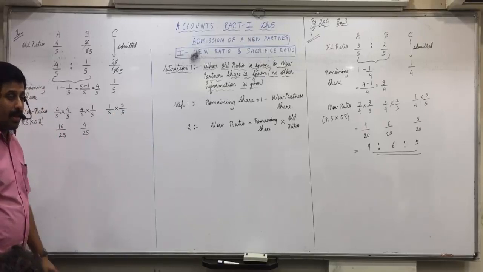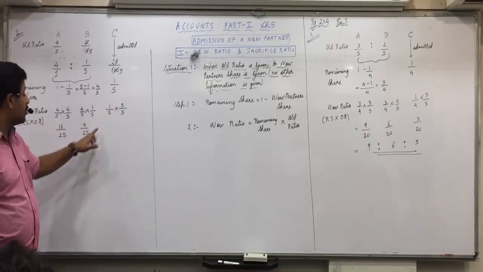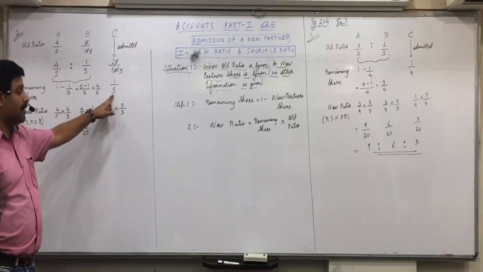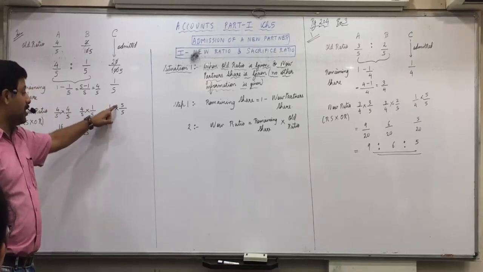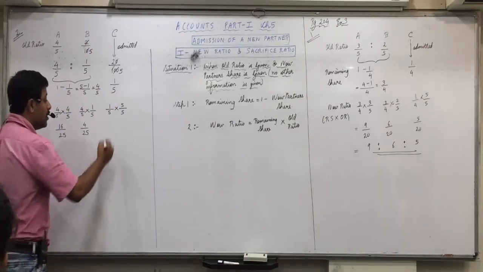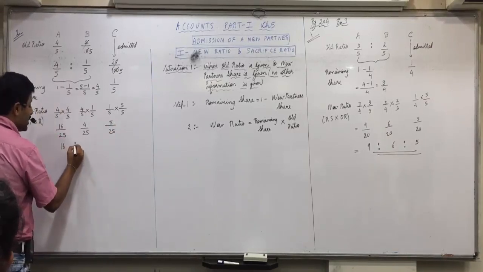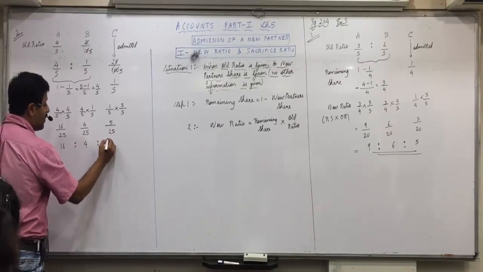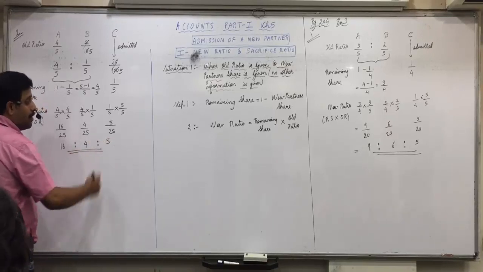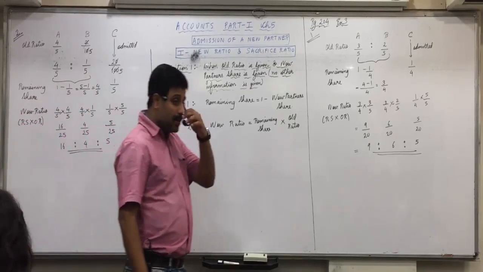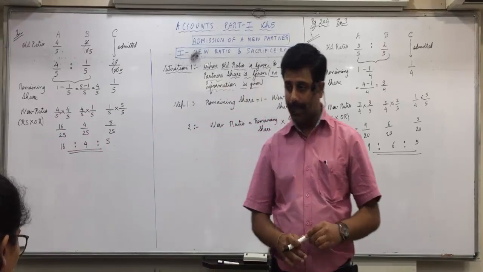How do you decide this 5? 25 divided by 5, so multiply numerator and denominator both with 5. What do you get? 5/25. What is the new ratio? 16:4:5. Any confusion in this? All are clear with it?